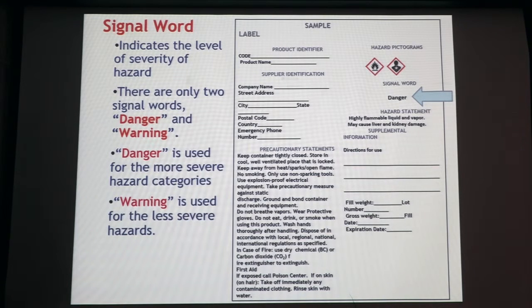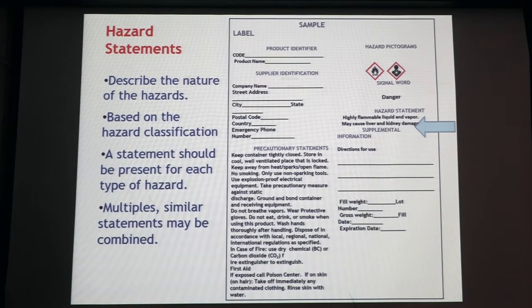Signal word. There are only two signal words, either danger or warning. Danger is a more severe hazard. Warning is for a less severe hazard. Hazard statement describes the nature of the hazard.